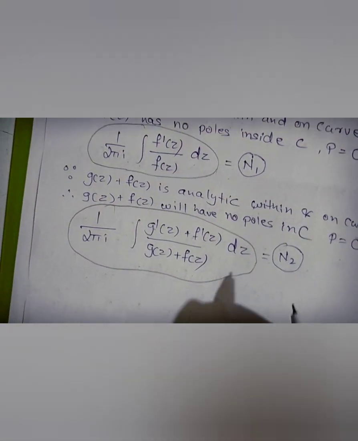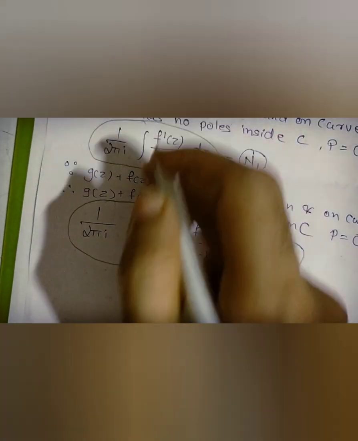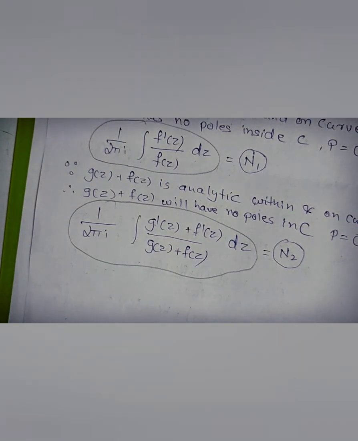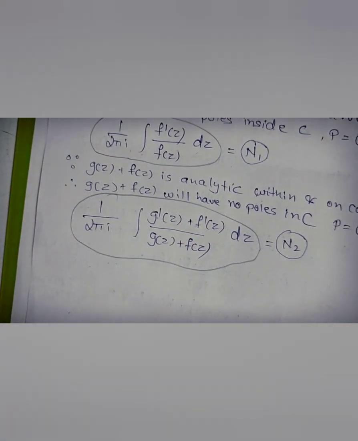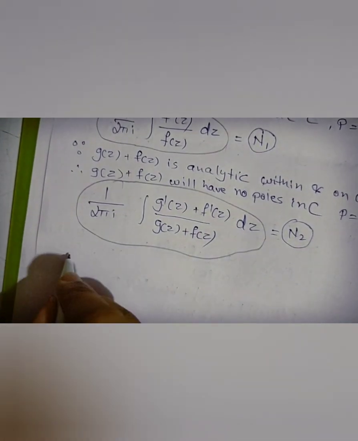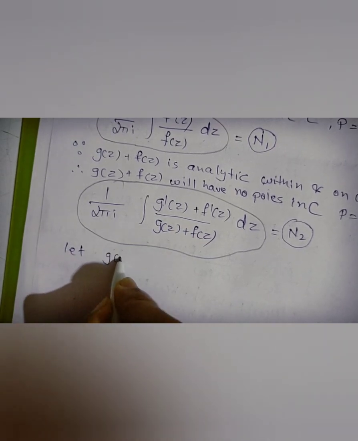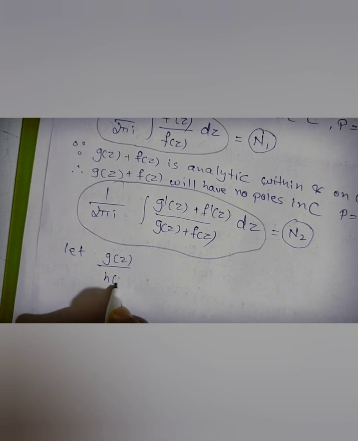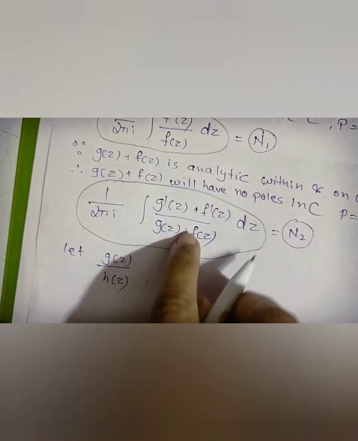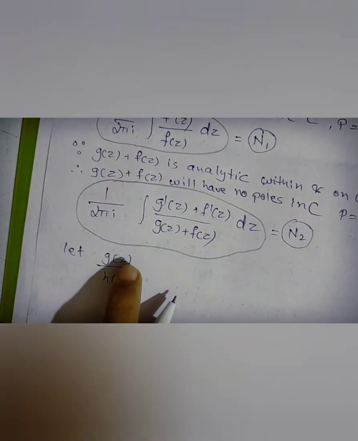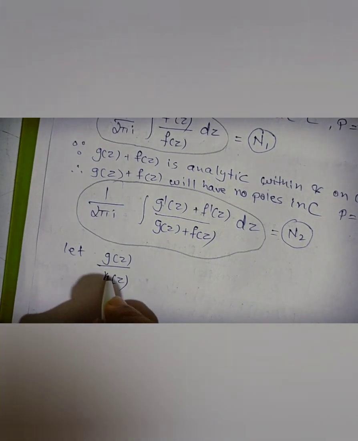So instead of directly jumping into the proof stating that both of them are the same, what we can do is say let g of z upon f of z be something. This is the way you need to proceed in order to prove them the same.